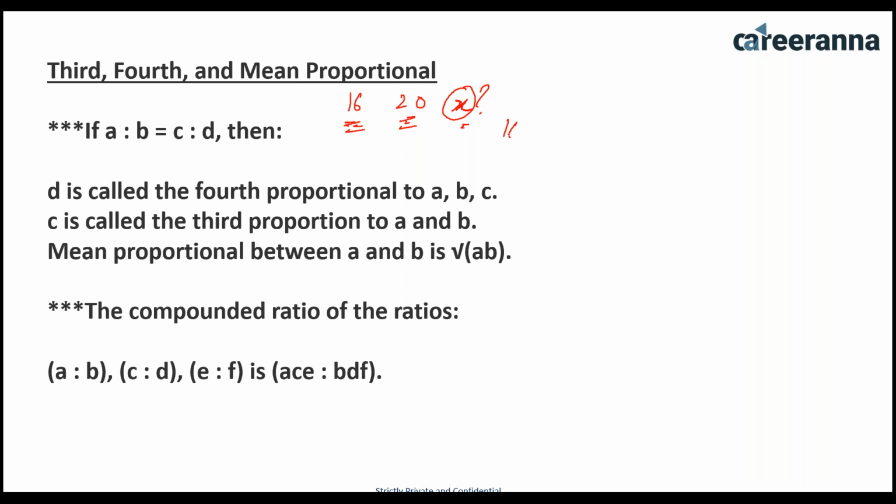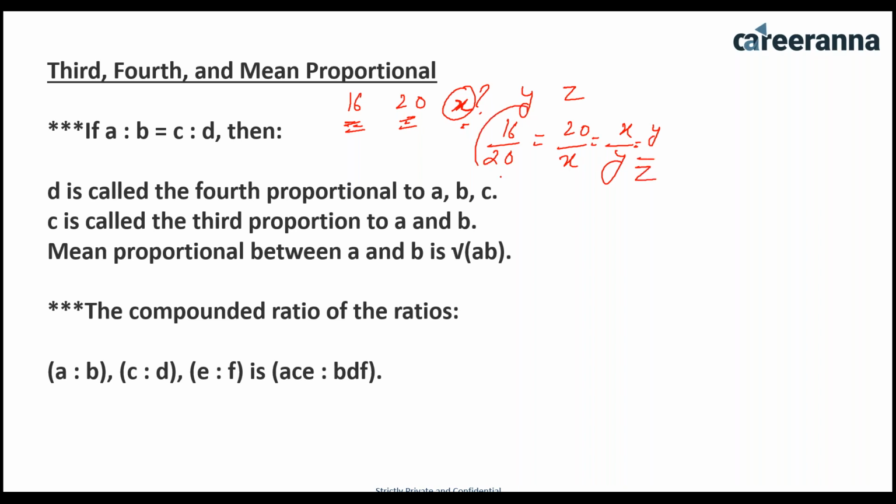Now 16 divided by 20, this is the condition, equals to 20 divided by x. Similarly, if fourth proportional is y, this will be x divided by y. If fifth proportional is z, it will be like this, y divided by z. I think it is clear.